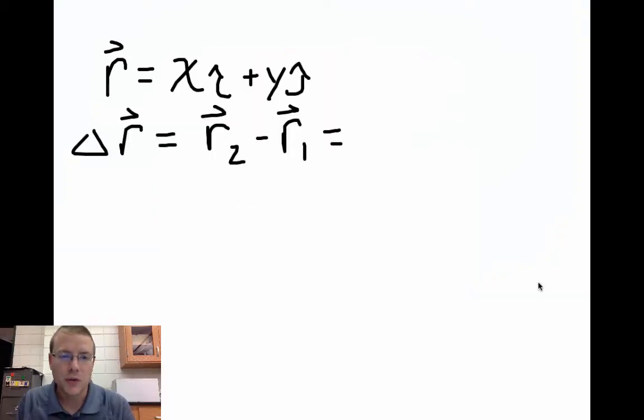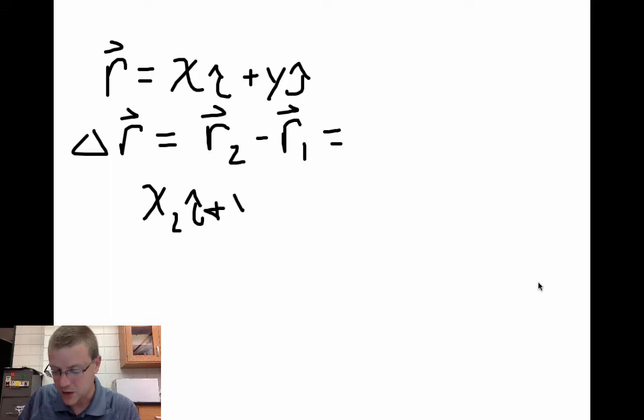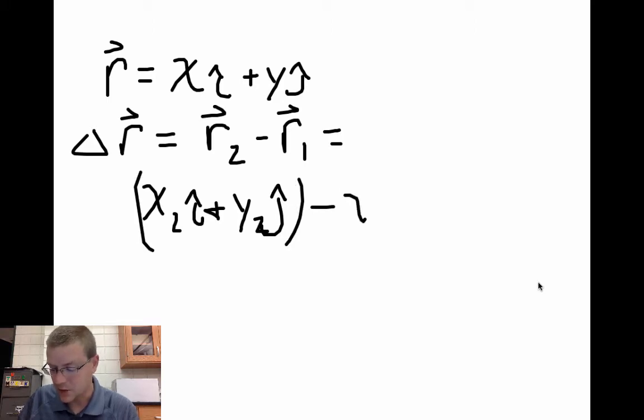Showing you what we can do and how we can write out the displacement. Position vector has an i and j component like we discussed, and the change in r is r2 minus r1. So what that means, it's really x2 in the i direction plus y2 in the j direction minus x1 in the i direction and y1 in the j direction.